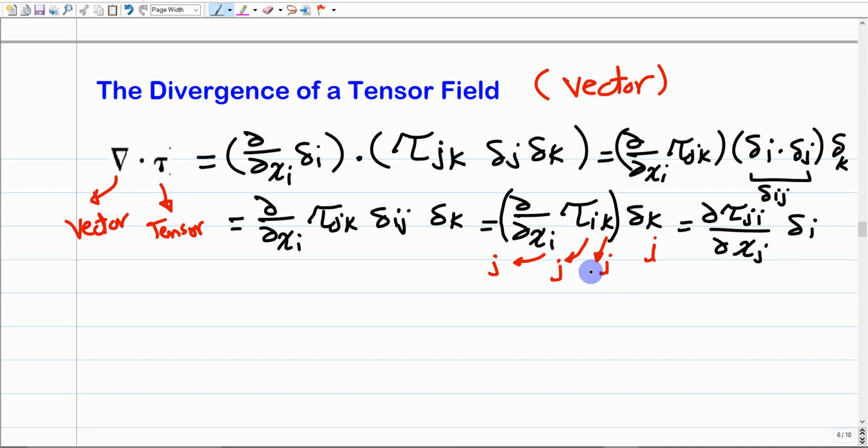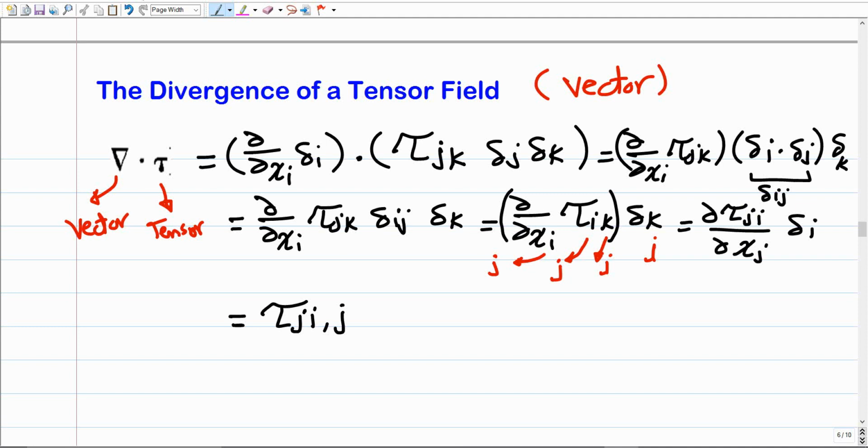They are totally equivalent. How about if you decided to use the comma instead of partial by partial x? We can type this thing as tau ji comma j, because I'm differentiating, which is comma, with respect to xj, which is j. What is the thing that you are differentiating? I'm differentiating the tau ji component of the tensor field.